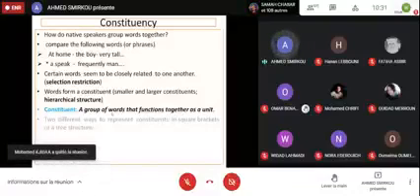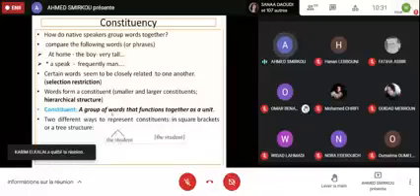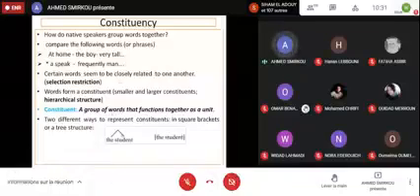There are two different ways to represent constituents: in square brackets or tree structure. So this is a tree structure and this is square brackets. Okay, so remember, please, there is a golden rule.